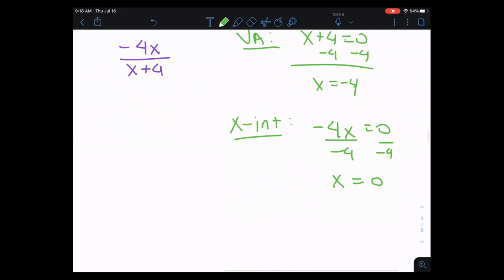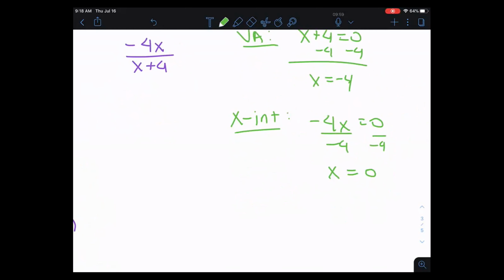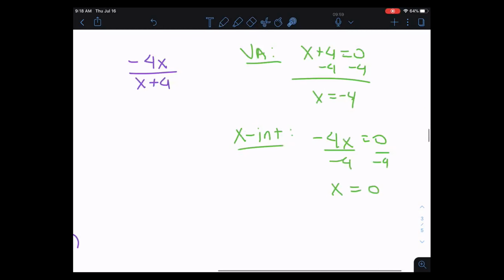We're only interested in the x values right now. We don't actually have to look for the y coordinate yet. And then now we're just going to look for, are there any holes? No, we don't have to worry about the holes because nothing simplifies. You can't cancel anything out.